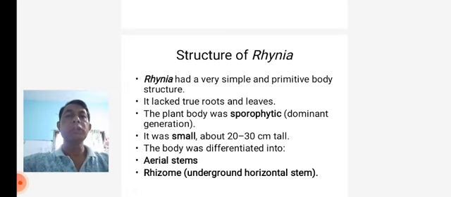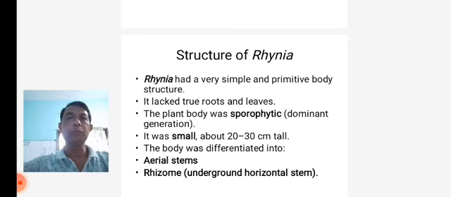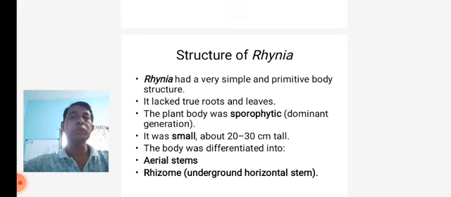The body was differentiated into an aerial stem and underground rhizomes. So it shows resemblance to roots and leaves, and the aerial stem is attached to the rhizome, which is the underground part of the stem.